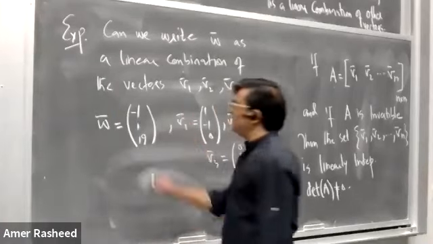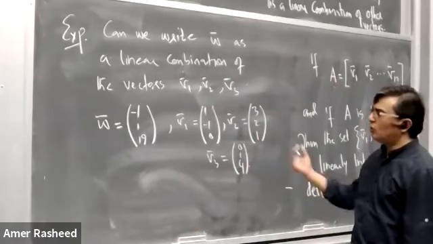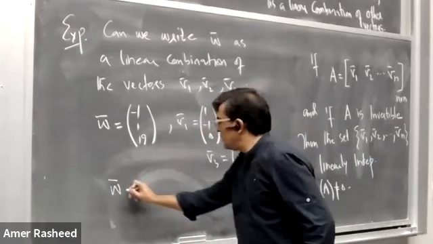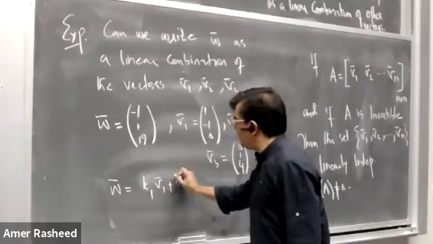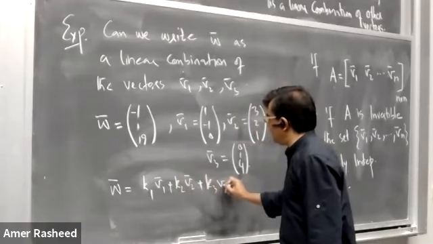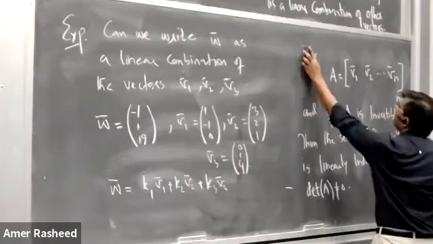Now, how to check whether we can write W as a linear combination of V1, V2, V3? So what you do here, you write W is equal to some unknown constants K1 V1 plus K2 V2 plus K3 V3. Okay. Now, you put the values of V1, V2, V3.